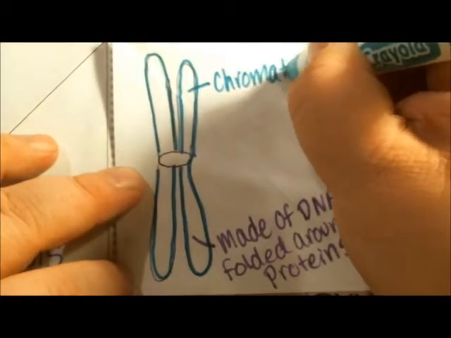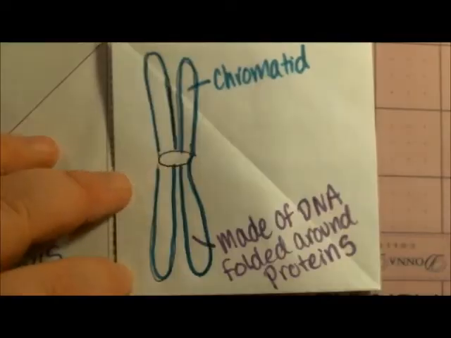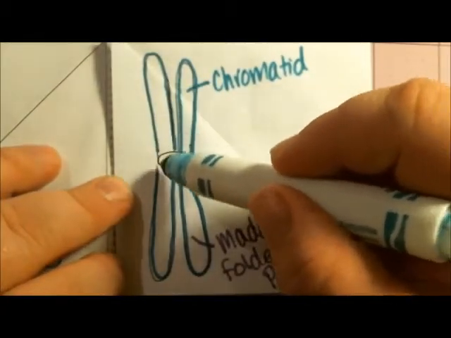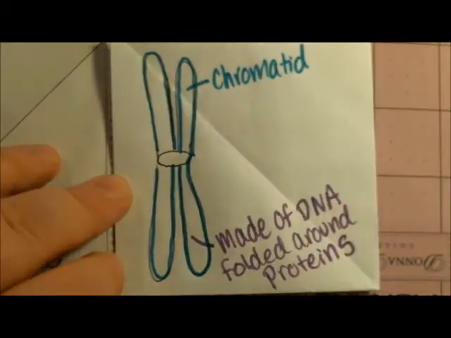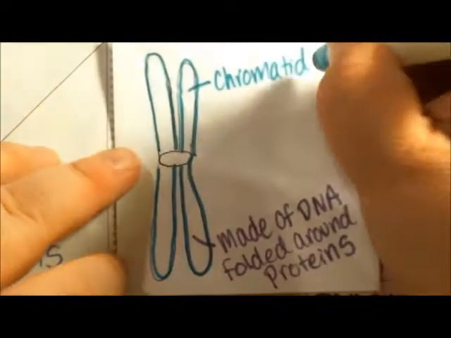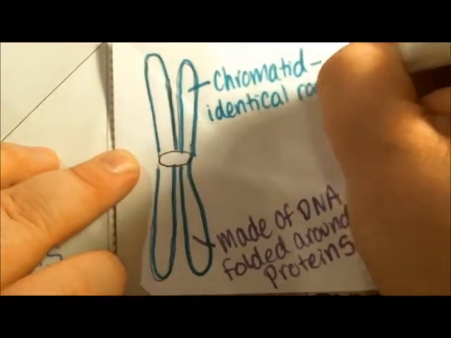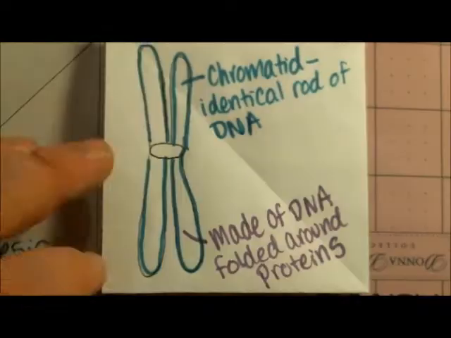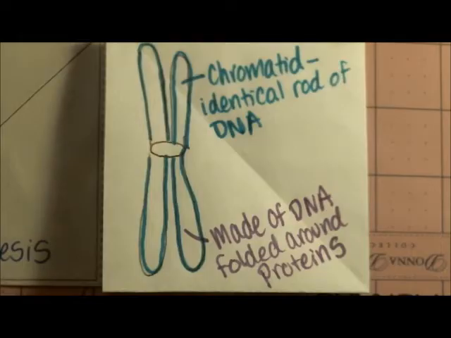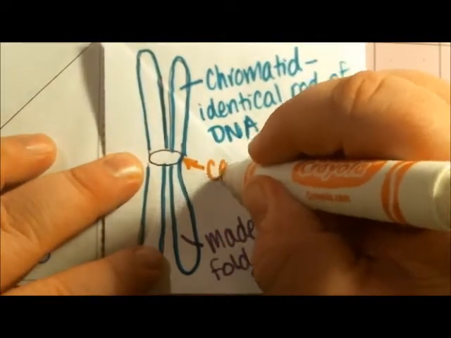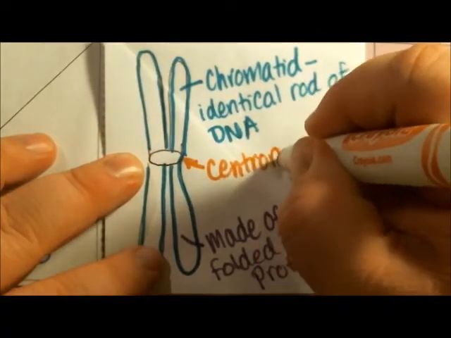And each chromatid is an exact copy of the other one. So when the DNA is replicated, when a copy is made, it's held together. The 2 copies are held side by side until it's ready to split. And then the middle piece that holds the 2 chromatids together is the centromere.